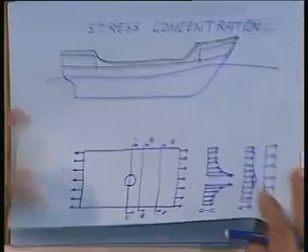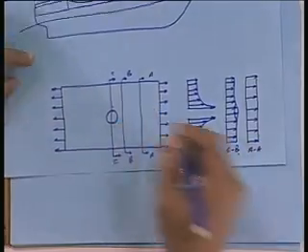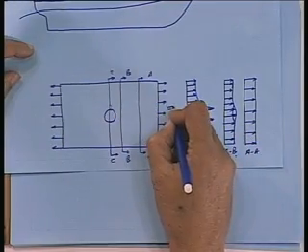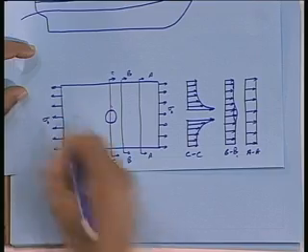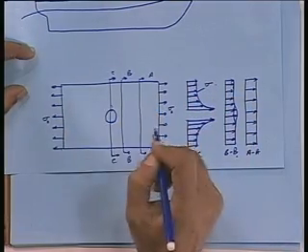I am not going into the mathematics of it, but consider this part here, let us say that this is sigma 0, and I want to plot sigma across this.